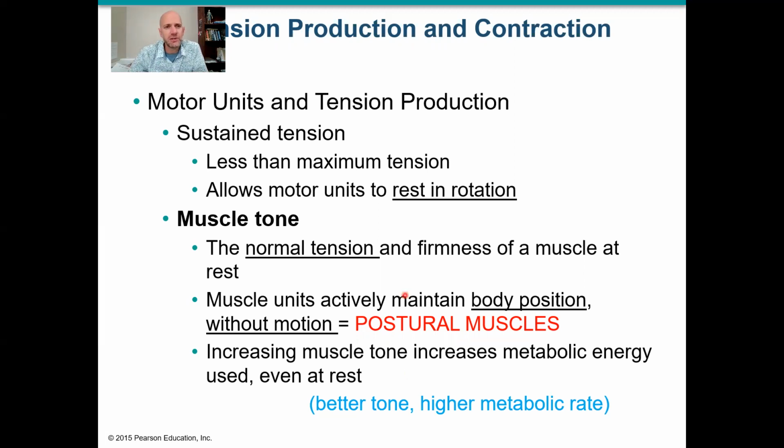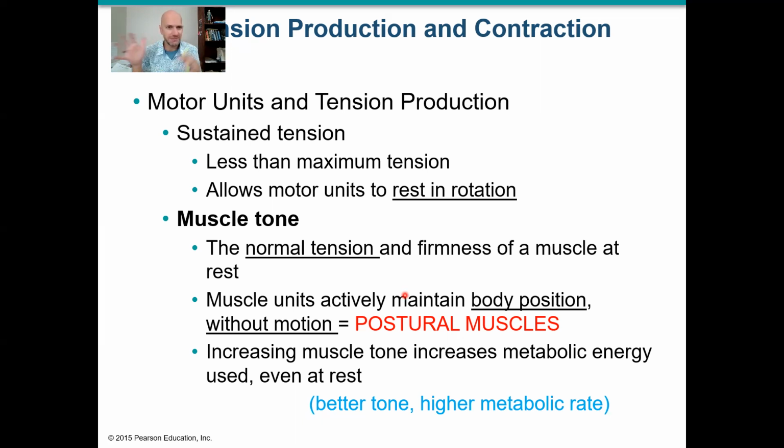As you increase your cardiovascular fitness and the amount of muscle mass in your body, you have better tone. That means more muscles are producing a minimal level of tension all the time, and therefore you burn more calories. So better tone, higher metabolic rate.